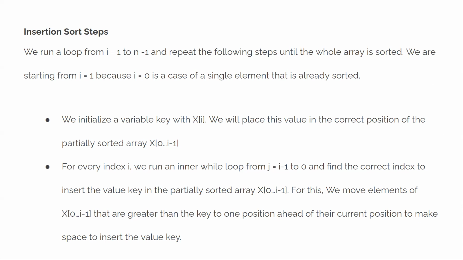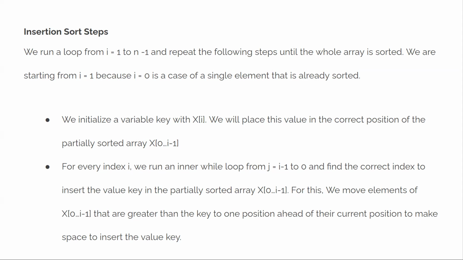For every index i, we run an inner while loop from j equal to i minus 1 down to 0 and find the correct index to insert the value key in the partially sorted array x from 0 to i minus 1.